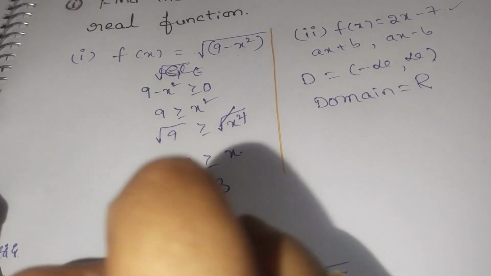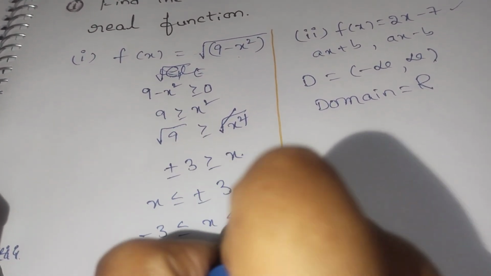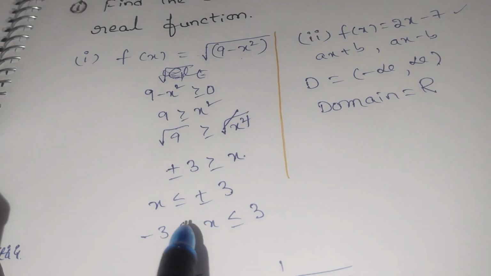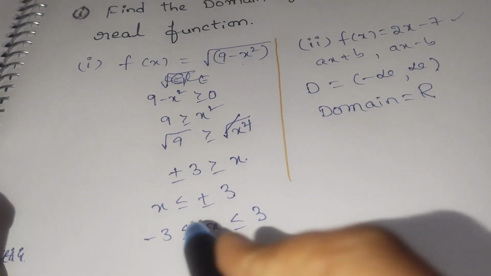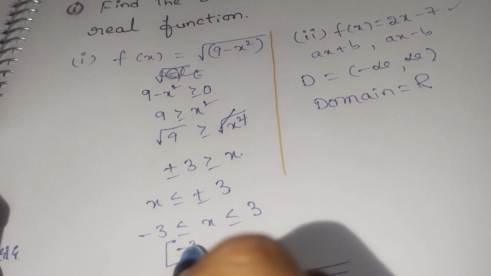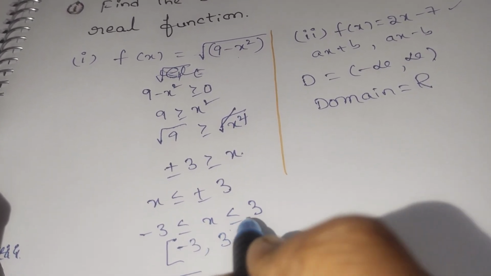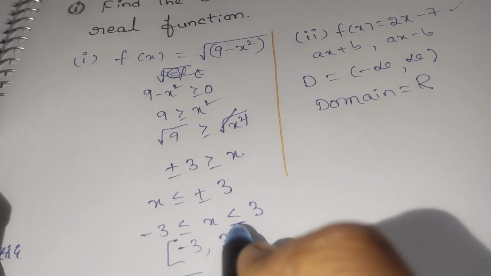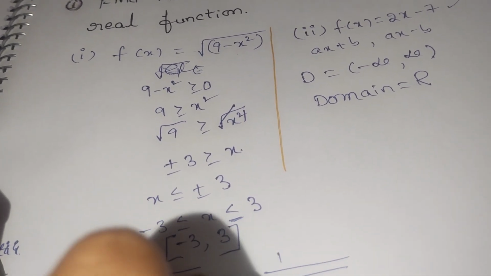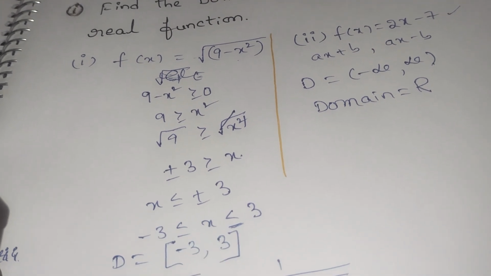Now how can we write this one? Minus 3 less than or equal to x less than or equal to 3. So here we are getting less than or equal to. Equal to means what? Closed brackets. So minus 3 comma plus 3, again here also a closed bracket. It is equal. That's why the domain is closed brackets minus 3 comma plus 3.